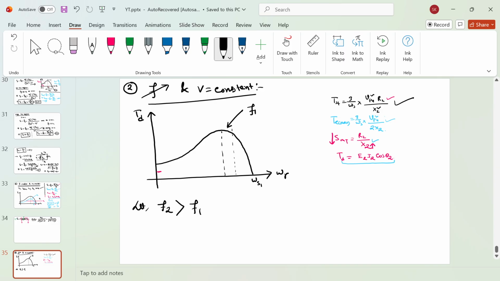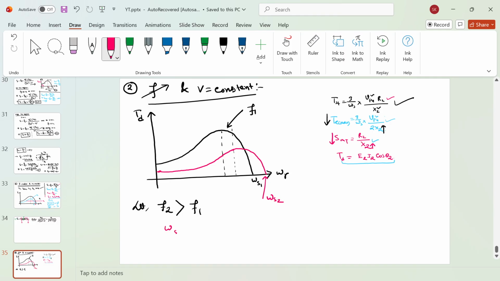Okay, and what will be the impact on maximum torque? As you increase the frequency, this term will increase, and simply your maximum torque will also decrease. So maybe this time your curve will cross from this point, so it will be this. And as you have increased the frequency, the synchronous speed omega s2 will also increase.